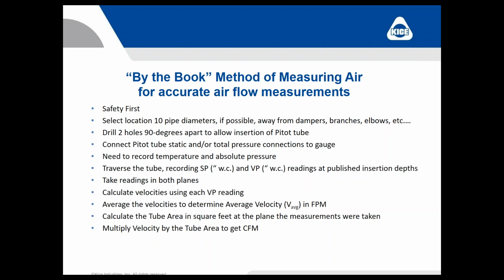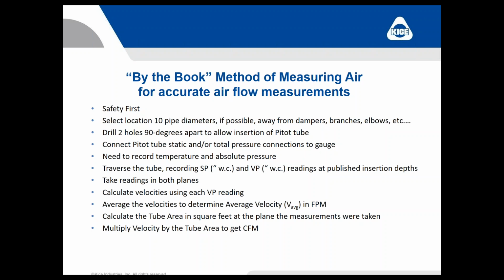And then they'll connect the pitot tube. They'll insert it. They want to record the temperature and the absolute pressure. They'll traverse the tube, recording the static pressure or velocity pressure readings at published insertion depths. They'll read it in 2 or 3 planes. Then they'll calculate the velocity. They'll average the velocity. They'll calculate the tube area in square feet.